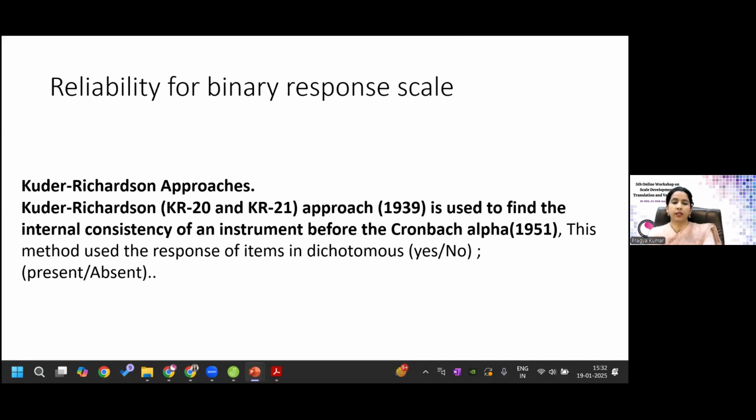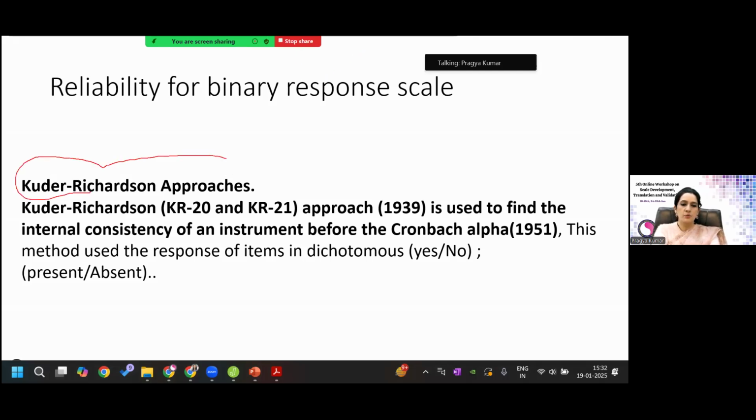Now I have told you that if your scale has got a binary response, yes, no, then instead of Cronbach alpha, we use the Kuder-Richardson approach. In Jamovi, if you enter this binary data, by default, it gives you the Kuder-Richardson value. It says it is a Cronbach alpha, but it is the KR20 and 21. And it was used before Cronbach alpha came up with this internal consistency thing.